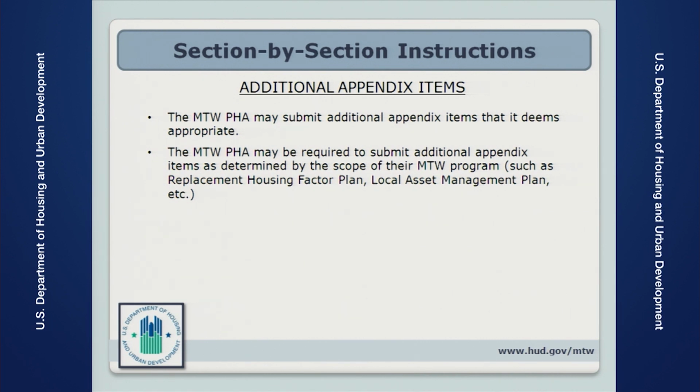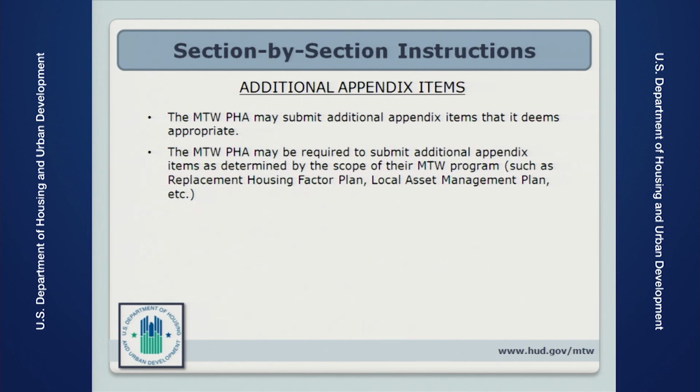For other appendices, as we've been discussing, agencies can submit a number of different kinds of materials that they find relevant to their stakeholders or that may be useful to HUD as appendices to the plan or report. We allow the PHAs to use their discretion on what to include. There may be some additional appendix materials that must be provided depending on the program that the agency is running.